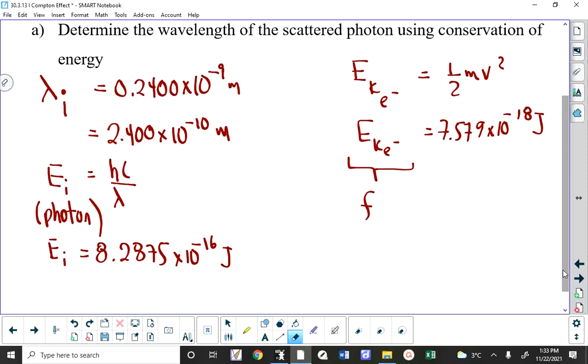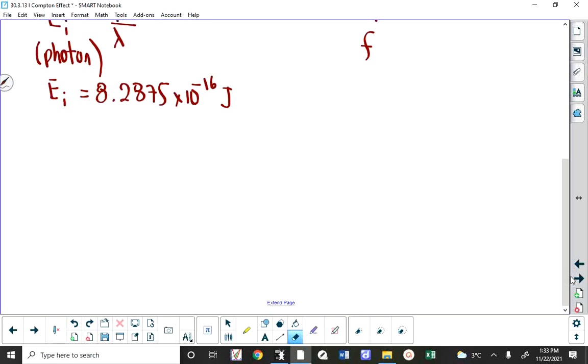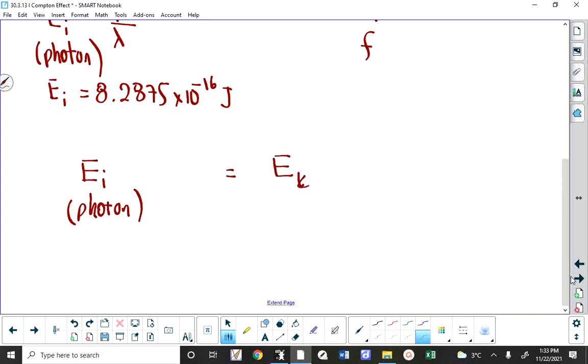There's a little sliver that got sliced off of that photon. And what you're doing now is you're saying conservation of energy says the energy that the photon has to begin with has to be equal to the energy that the electron has afterwards plus the energy that the photon has afterwards.